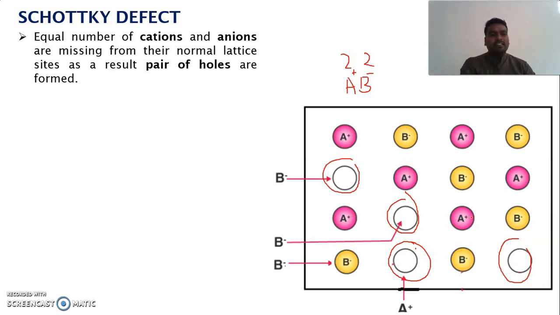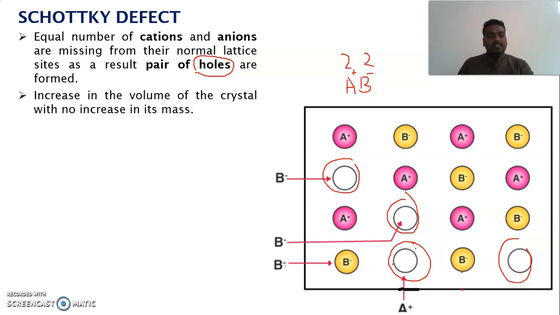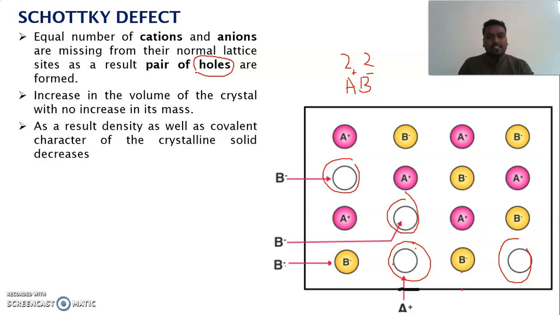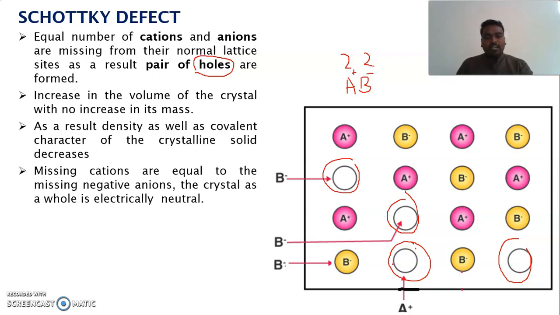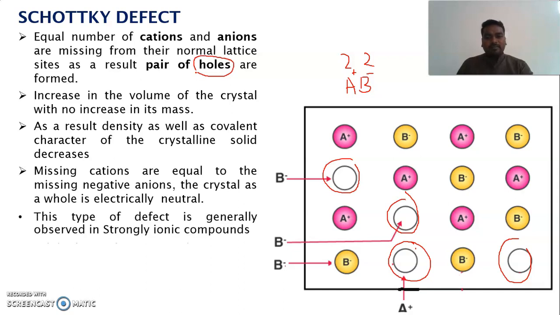As a result, they create a pair of holes. I think you know the concept of holes which we studied while discussing semiconductors. So equal numbers of cations and anions are missing. As a result, the density of the crystal decreases due to the loss of mass, and covalent character also decreases.